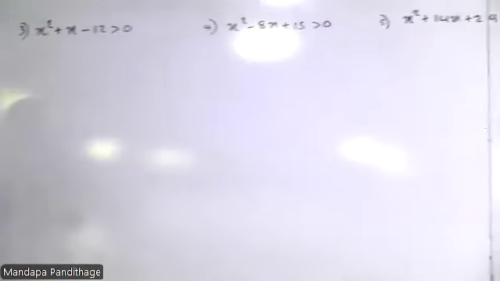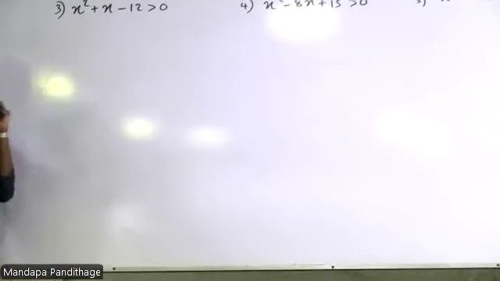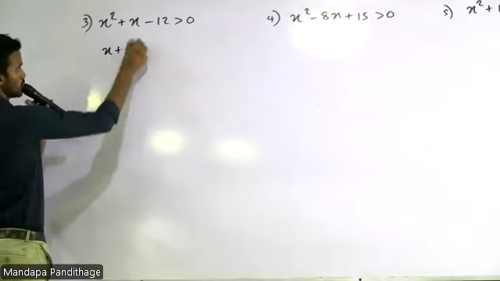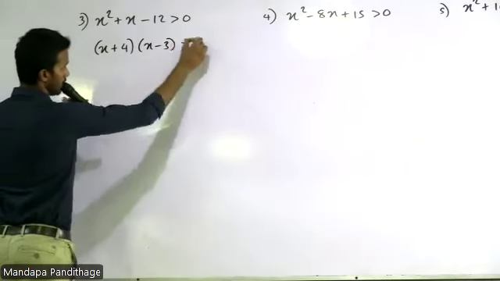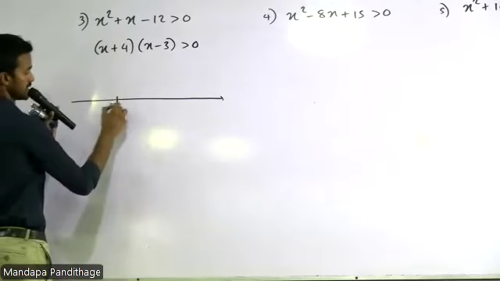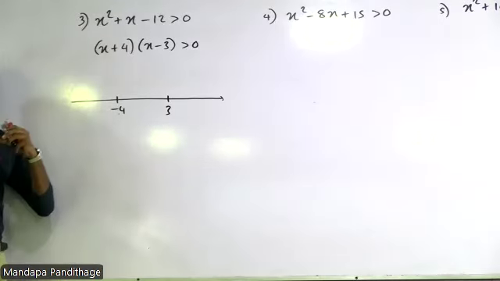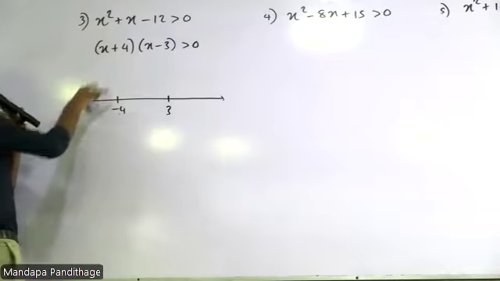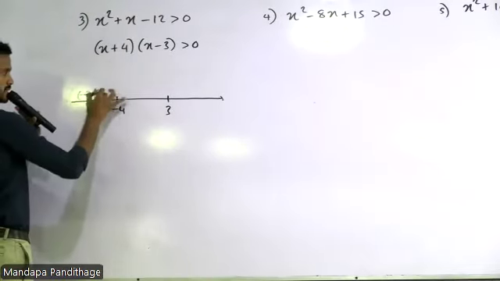Okay, I'll take question number 3. First step has been done, like one side they have made it 0. And then factorize this. When you factorize this, it's x plus 4 and x minus 3. And then mark the values that make it 0 on a number line. It's minus 4 and 3. Clear? And then think of a value in this region, and it is minus, and even this is minus.